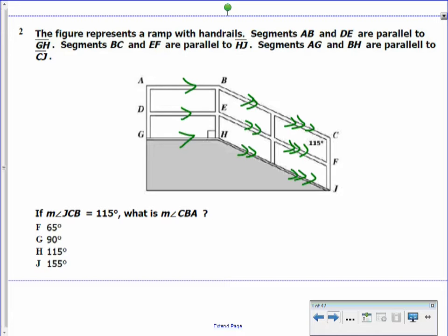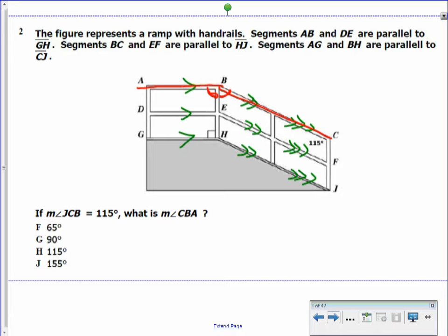First thing we have to do is figure out what CBA is. Well, CBA is not one single angle. CBA is a mixture, an addition of this part here and that part there.